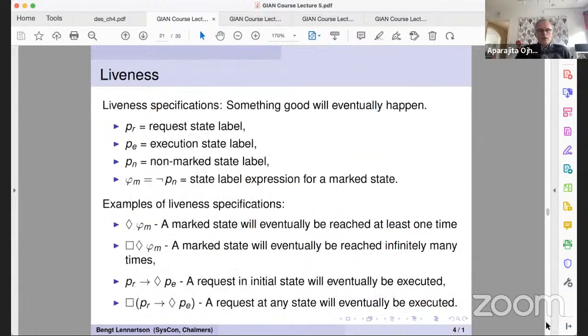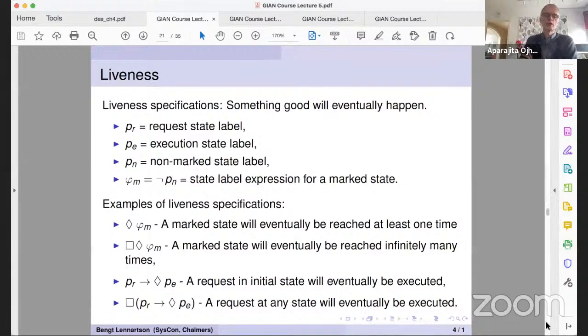Now we come to liveness. And liveness specifications are of this type, that something good will eventually happen. So it's rather to talk about something good that you can expect or hope for, while safety specifications are rather focused on any bad thing that is never allowed to happen. So then we could have some typical state labels around here, and you could have a request state label, for instance, an execution state label.